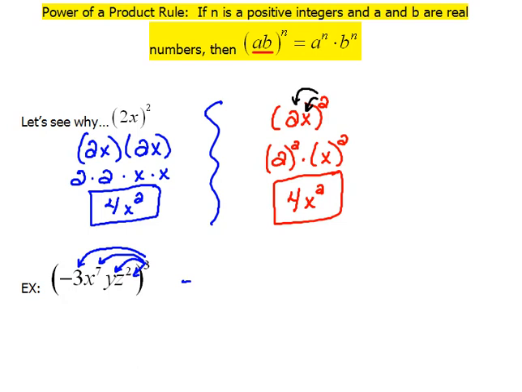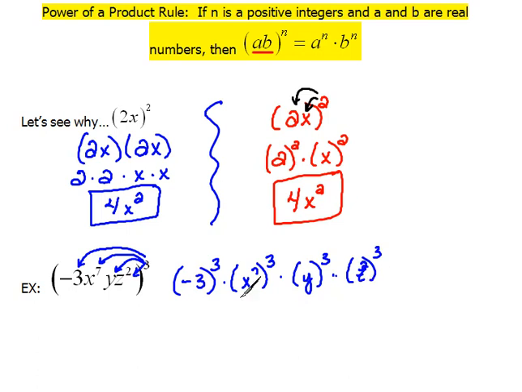So that means we would have negative 3 raised to the third power times x to the 7th raised to the third power times y raised to the third power times z squared raised to the third power. And now we can simplify each one of these items individually.